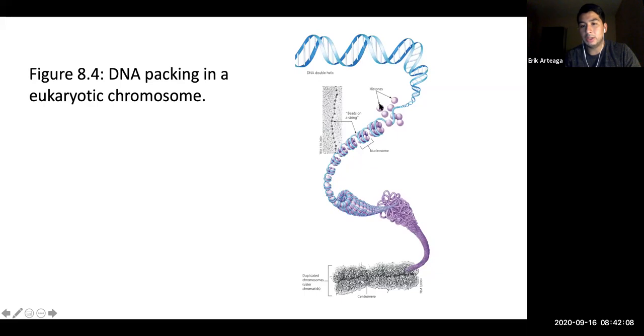So here we have the histones and DNA, which makes up a nucleosome. So 8 of these proteins wrapped around with DNA makes a nucleosome. And then you have the chromatids. This is going to be referring to that DNA and protein packed together. And again, histones and the DNA make up the chromatids.